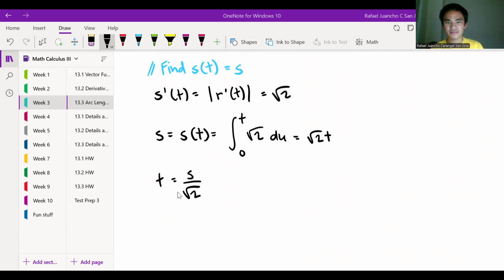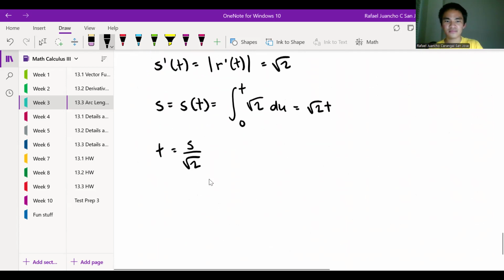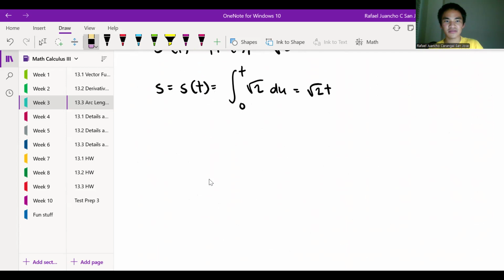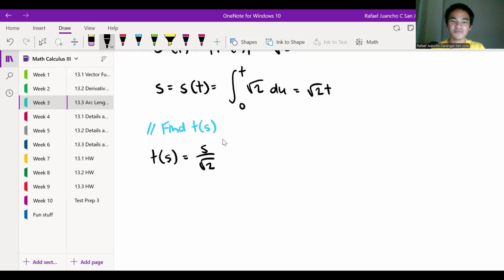So let's find t in terms of s: t of s is exactly s over square root of 2. Now I've switched the roles. Now my s is my input, my t is my output.